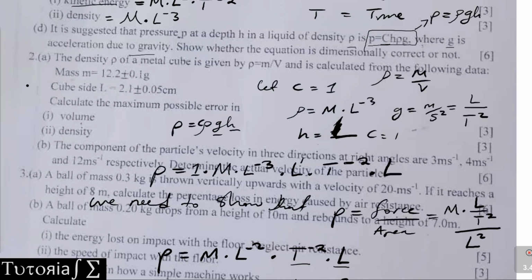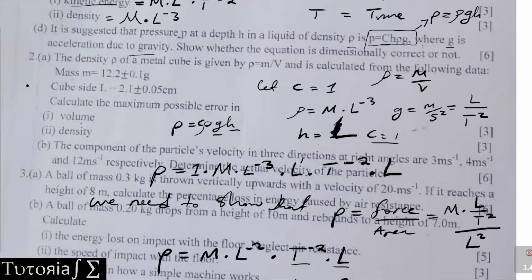Then h is a length, so h will be equal to L, and C will be equal to 1. Replacing that, we're going to have rho equals M L to the negative 3, and so on. Then we need to show that this simplifies to force over area, which is basically M times L.